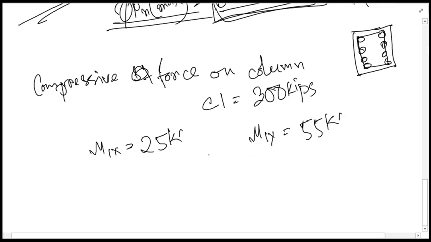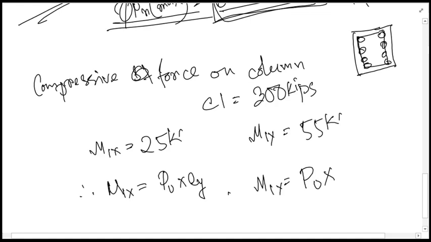From these two values we know the moment M1X is nothing but the PU multiplied by the eccentricity in the Y direction, and M1Y is nothing but the axial force multiplied by the eccentricity in the X direction.